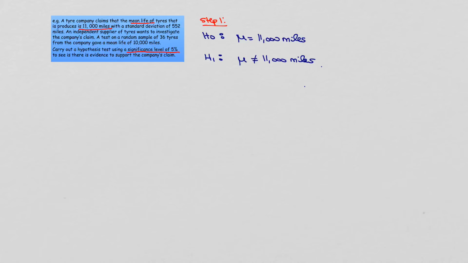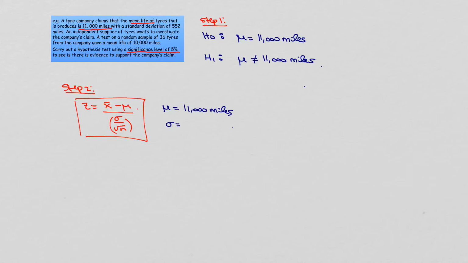Our next step, step 2, is to work out our test statistic. So our sample mean minus the mean, over the standard deviation divided by the square root of n, sigma over root n. And again, we can find our standard error of the mean in our maths tables. If we look, what are we given? Well, our mean is 11,000 miles.